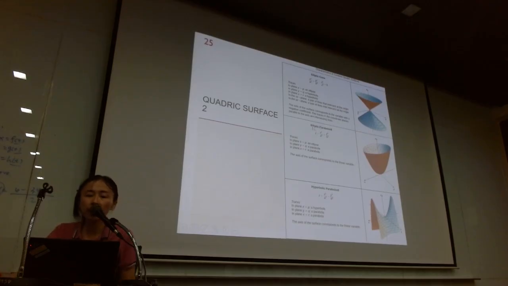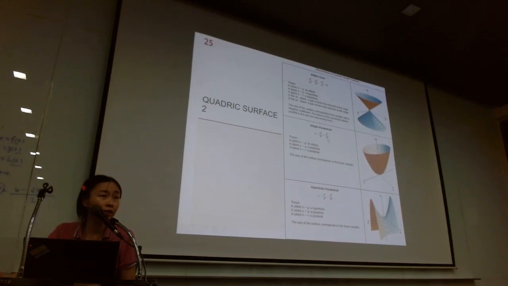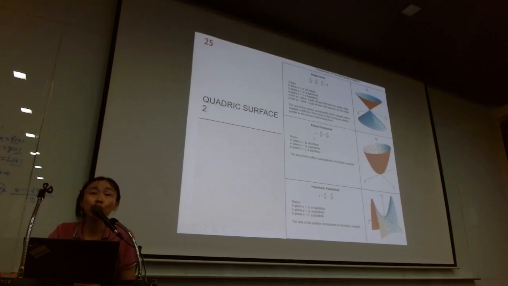Then this one is called elliptic paraboloid. Okay? So, does this one pass 0 or not? Does it pass the origin or not? To pass the origin, 0, 0, 0. You see 0, 0, 0 equal or not?